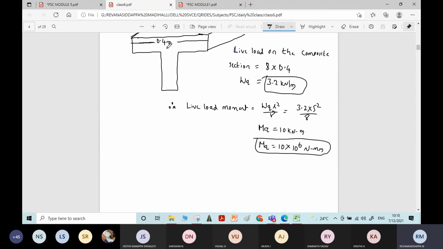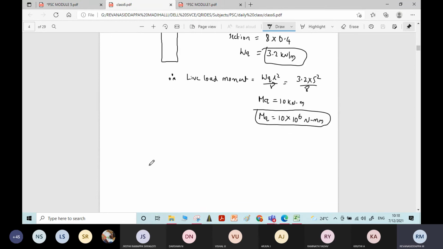Now we will find the section modulus with respect to the T section. To find the section modulus of the T section, it is not a rectangle.